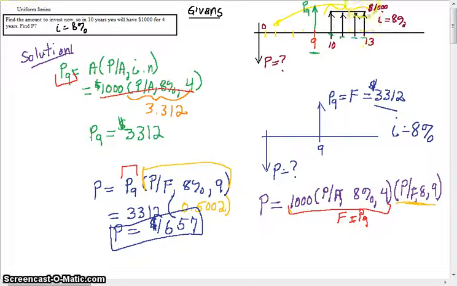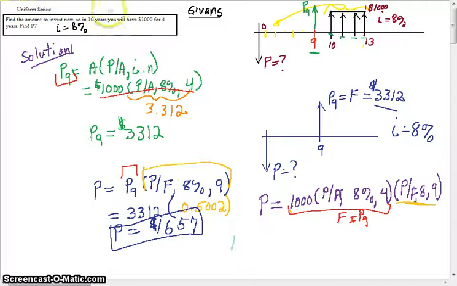I could have moved it all to year 13 also, right? Let's take a look at this same problem, and I'll write the same equation again, and you can think about it on your own. I'm going to move all of the money to year 13 and then bring it back to year 0.